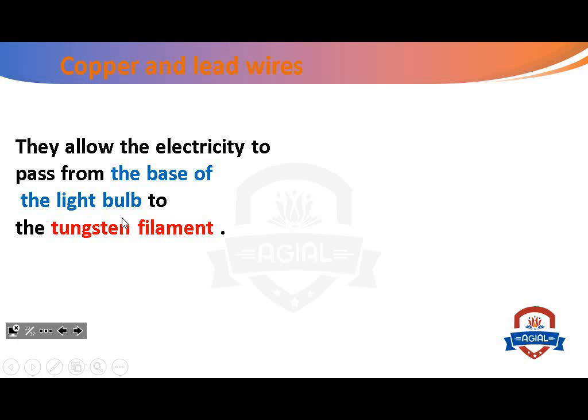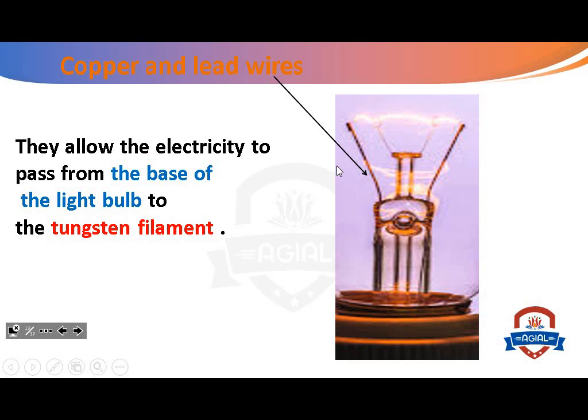They allow the electricity to pass from the base of the light bulb to the tungsten filament.